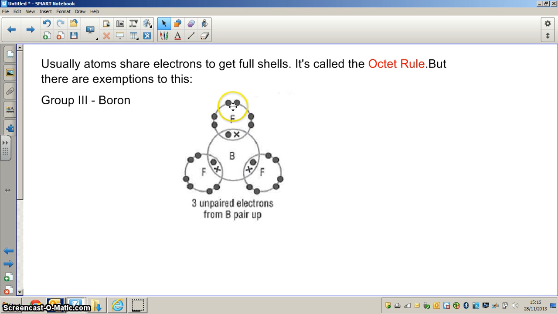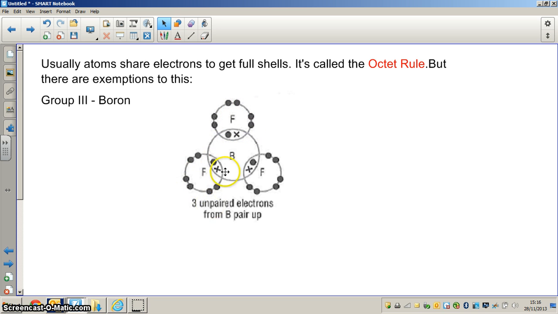Octet, 8. And in this case, if we look at the fluorine, that rule applies. We've got 1, 2, 3, 4, 5, 6, 7 electrons from fluorine, and we've got 1 from boron. So octet rule works for fluorine.